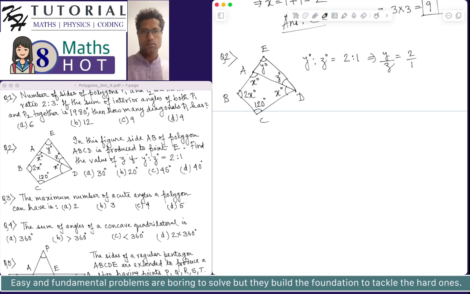Now first of all, definitely we will have to apply the angle sum property of a quadrilateral ABCD and possibly also the triangle AED. So in quadrilateral ABCD, applying the angle sum property, we will get x degree plus 2x degree plus 120 degree plus x degree should be equal to 360 degree.